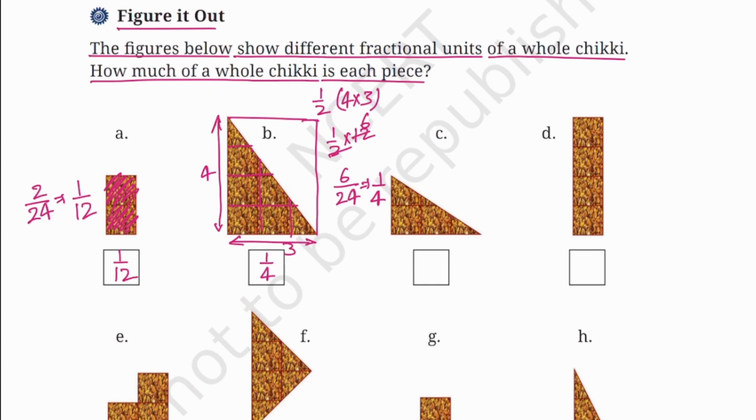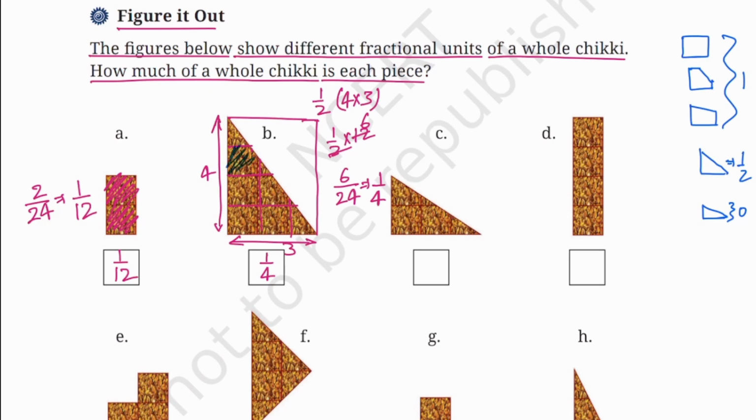There is another way of doing that. You already know more than half of a square unit is counted as 1 square unit in area. Exactly half is counted as half, and less than half is counted as 0.